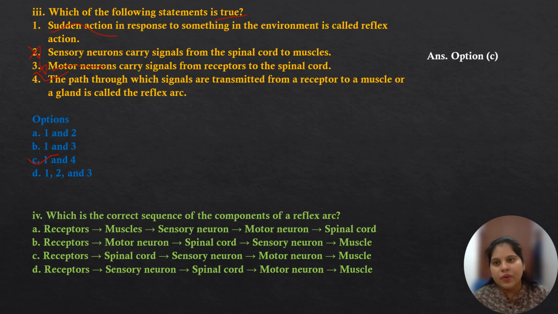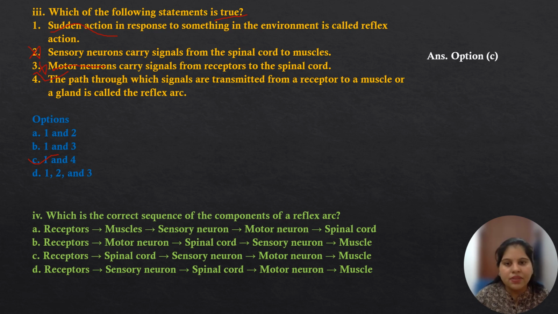Yes. Okay. Next question. Which is the correct sequence of the components of reflex arc? We have to tell the correct sequence of components of reflex arc. First, reflex action starts from the receptor. In all the options receptor is given, yes. Then to the sensory neuron, which sends the information from the receptor.